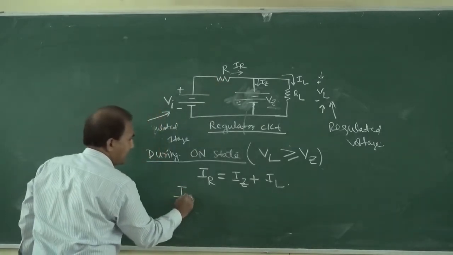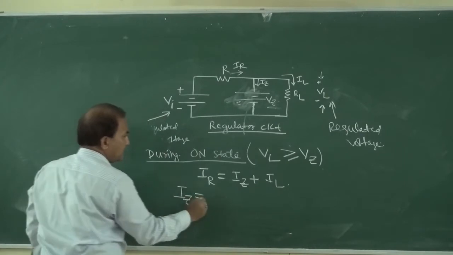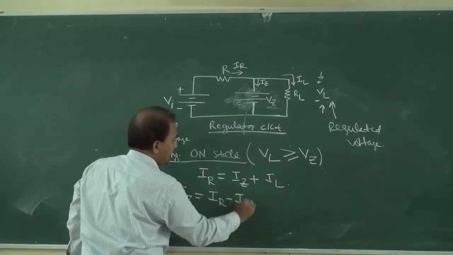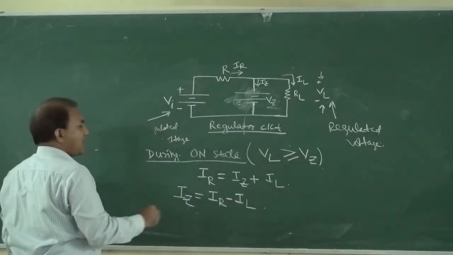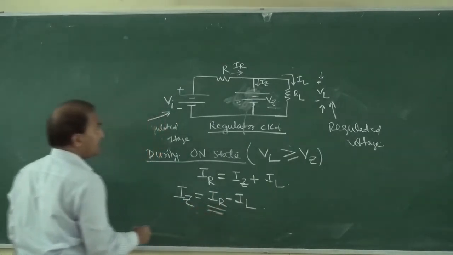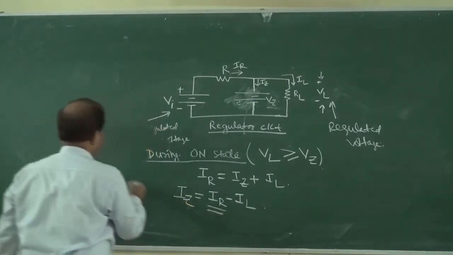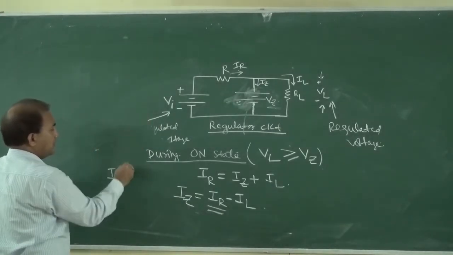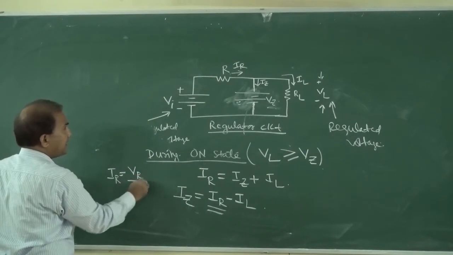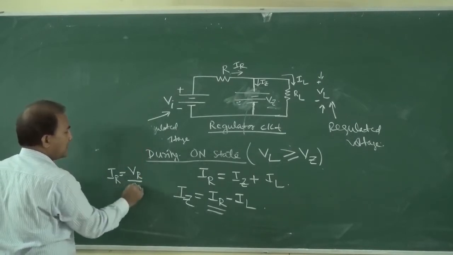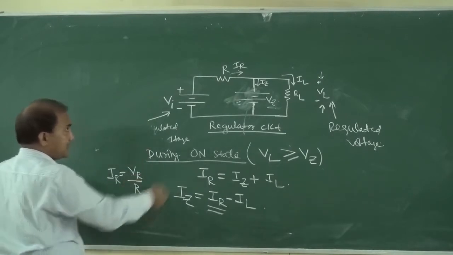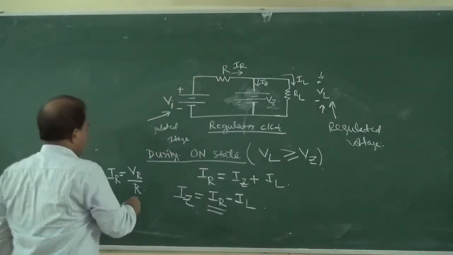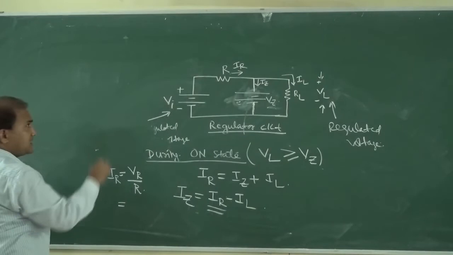So we can write Iz is equal to IR minus IL. Now how we can express IR? IR is equal to VR divided by R, that is voltage drop across this R divided by R. So VR, how can you express VR?